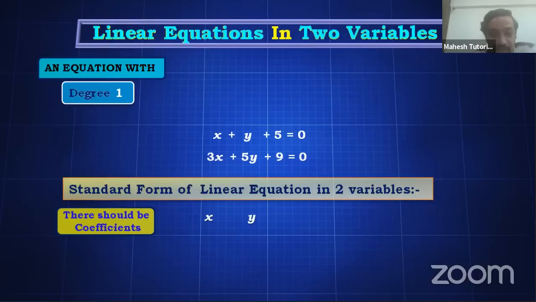In that equation, which is the number associated with x? Kuch nahi hai, means the number is 1. So that 1 is called the coefficient of x. Similarly, नीचे वाला equation देखो, उसमें which is the number associated with x? 3. So that 3 is the coefficient of x.